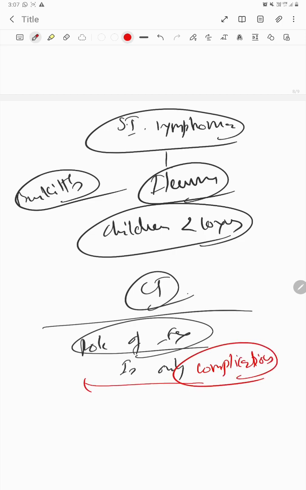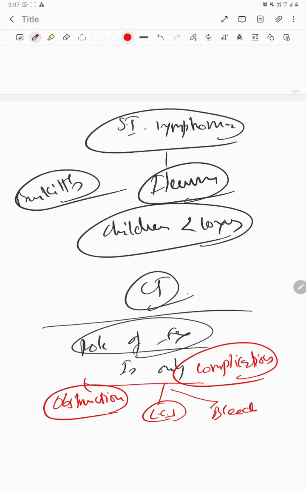One of the complications that can occur is obstruction, or there can be local regional spread, or there can be bleeding, leading to obstruction.